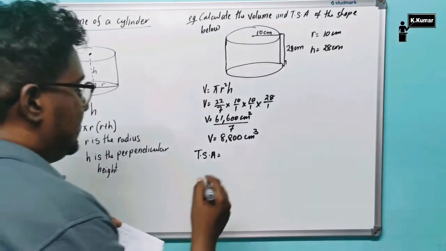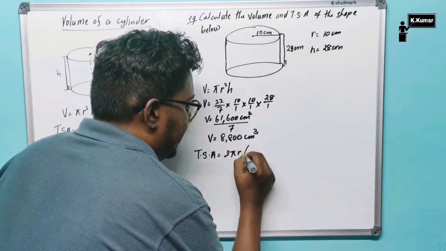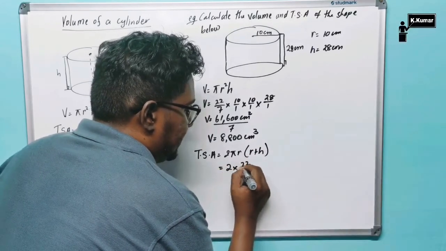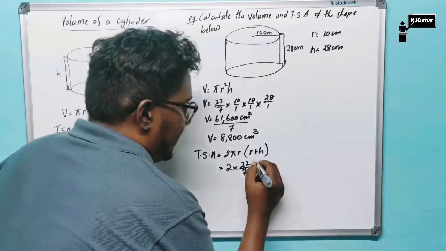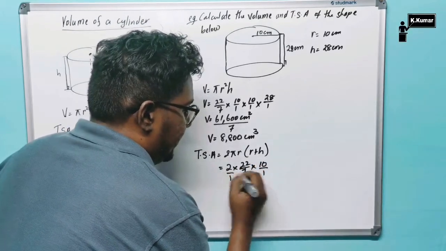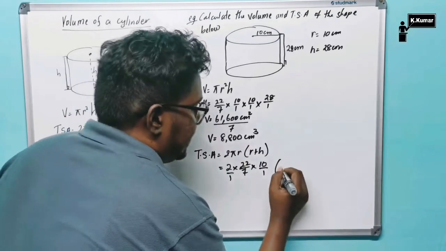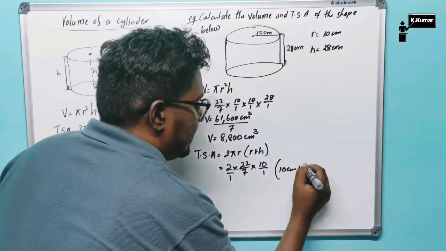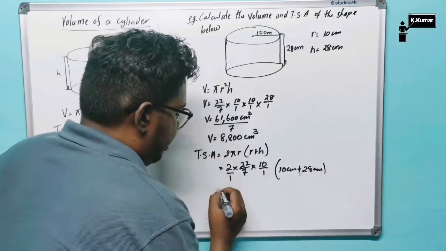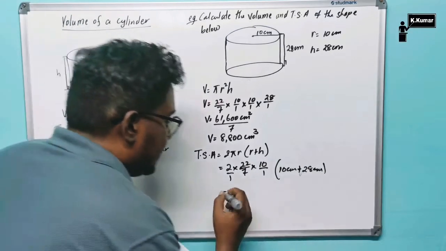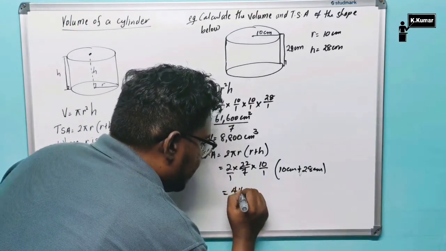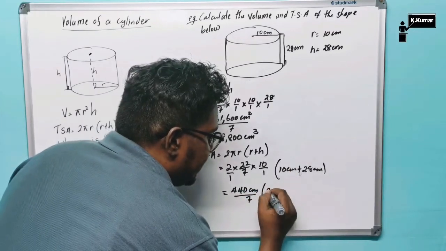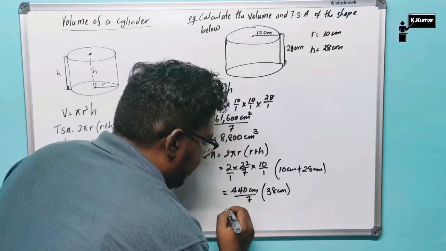Alright, now the total surface area, the formula is 2 pi r into r plus h. 2 multiplied by pi, which is 22 over 7, multiplied by r, which is 10, put them over 1, all times the radius, which is 10 cm, plus the height, which is 28 cm. 2 times 22 and 2 times 10 is going to give me 440 cm, divided by 7 times 10 plus 28 is going to give me 38 cm.